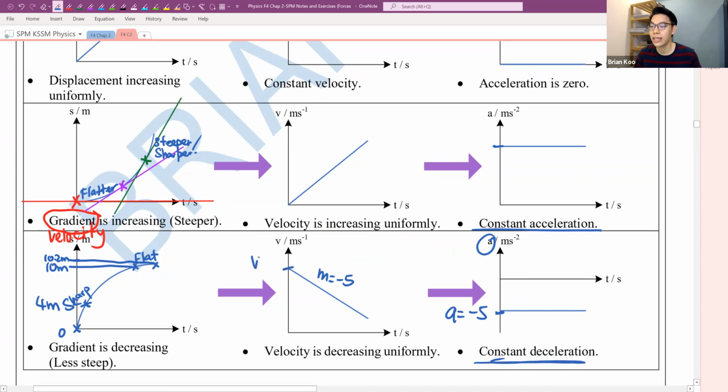Let's say v here is 10 meter per second, then here is 2 meter per second only. So you're slowing down already. The value on the speedometer when you're driving becomes a smaller value. I just want you to remember, going forward from s to v to a, very important, find the gradient.